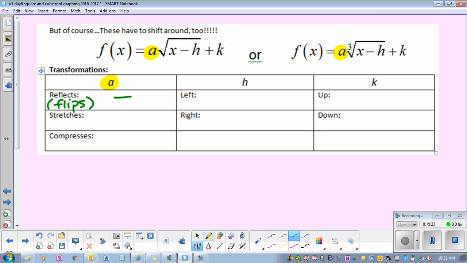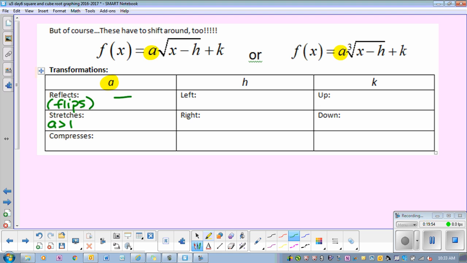How would I know if it stretches? It's the opposite. What kind of a number would have to be in the front? Negative or positive? Small number, a bigger number? Bigger than 1. Yep. The number in front here, if it's a number greater than 1, so A greater than 1, that's what we usually write.